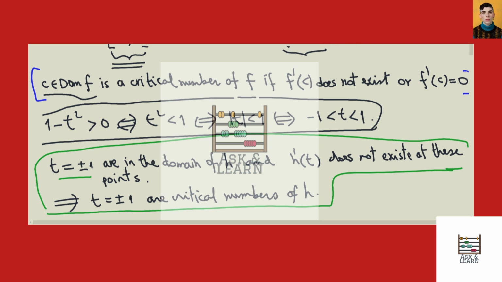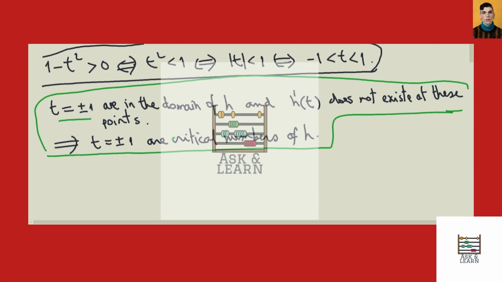Then, by definition, these two values, 1 and -1, must be critical numbers of h. So we have already these two critical numbers. Now we have to see if there are more than that, that is, values in the domain where the derivative is 0. So we have to state that equation here.